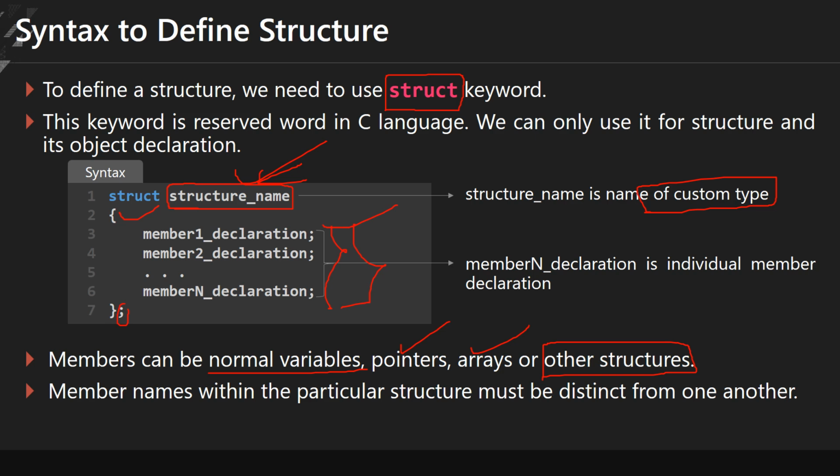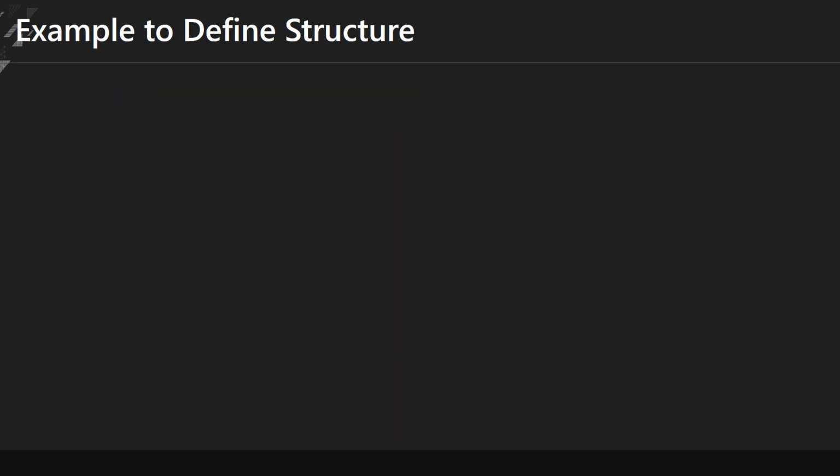One member name should not be the same as another, they should be distinct and different. So I think you understand the syntax and definition of structure. Let us move to the next.